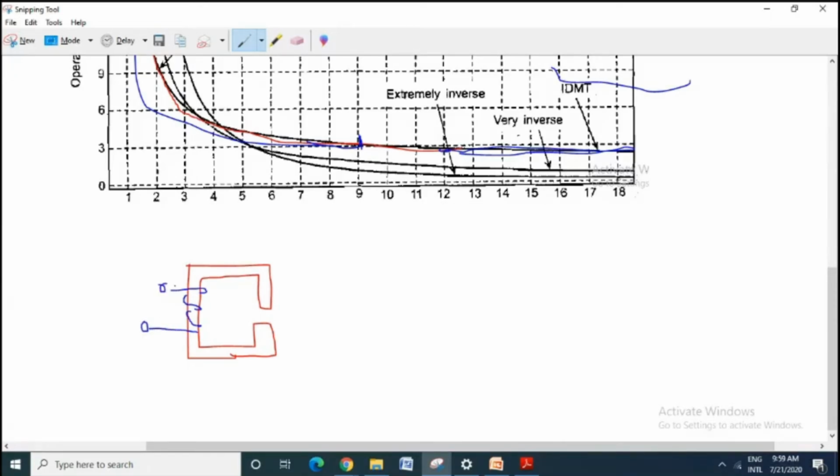These are the two different points from which you can feed in and take out the current. So you flow the current from this point, and we have a disc, let's say an aluminum disc, in this particular gap, which is centrally pivoted. Let's say it is pivoted in the center somewhere over here. So this disc can rotate in this direction.